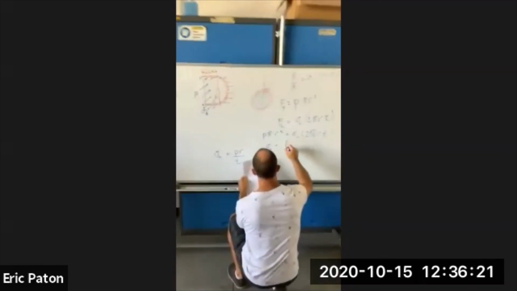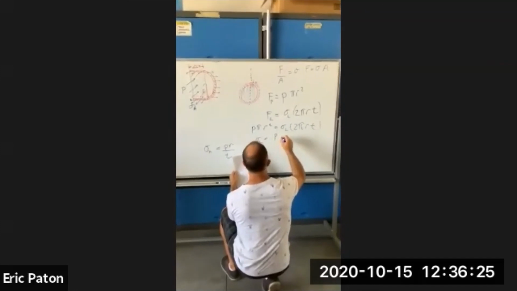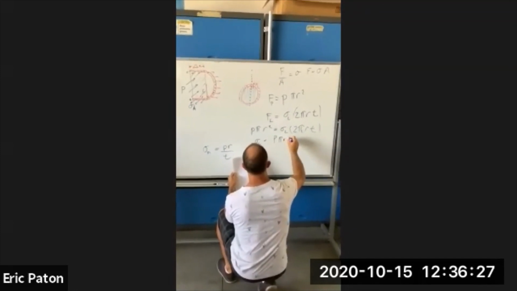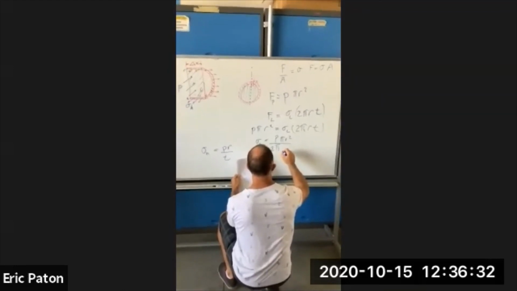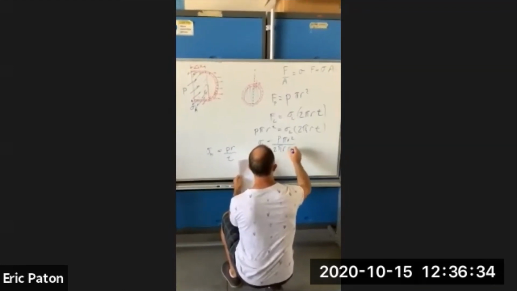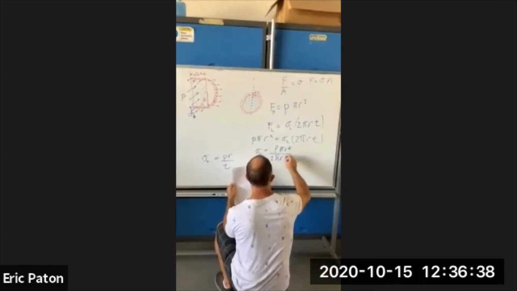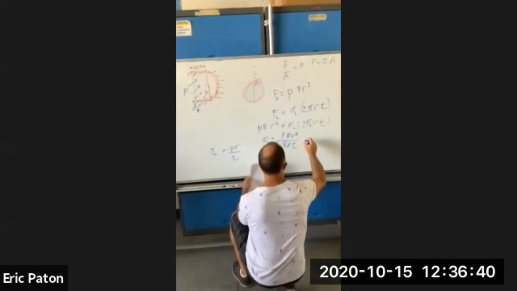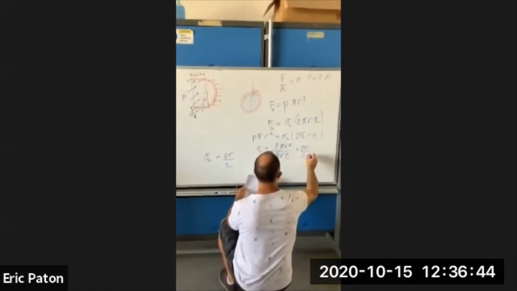So that means we just have P pi r squared over 2 pi r t. Pi's cancel out, one of the r's cancel out, and we're left with P r over 2t.